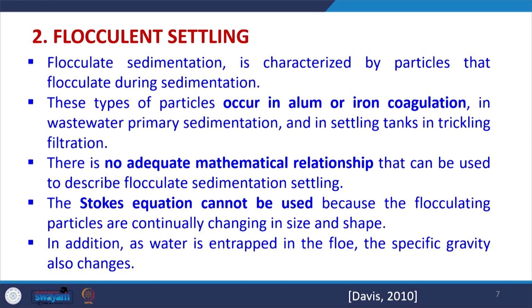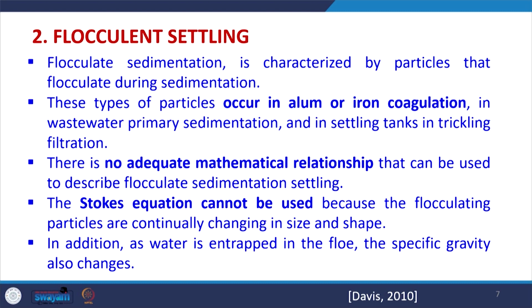Now, what is flocculent settling? It is characterized by particles that flocculate during the sedimentation itself, and that will be more when we are adding alum or iron as a coagulant during the coagulation process. So, during the coagulation process and settling there is a possibility that floc formation is happening, and because of that this settling condition is also possible.